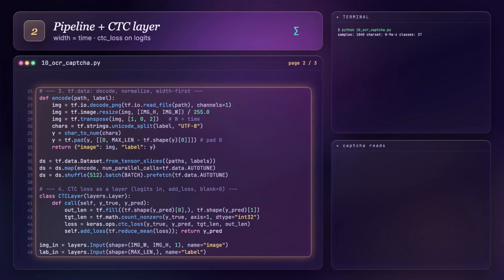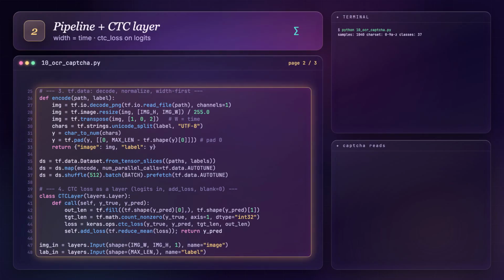Page 2 is the model and this is the heart of it. Two conv and pool blocks bring the image down and fan out the channels. Then the line that does the magic, a reshape that folds height and channels together and keeps width as the sequence length. That's our row of columns. Two stacked bidirectional LSTMs read it. A dense layer over the vocabulary gives us logits per character at every column.